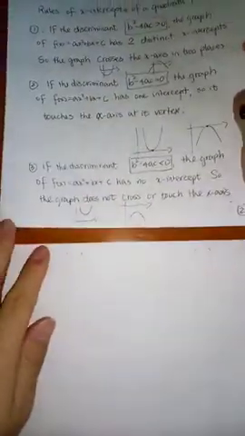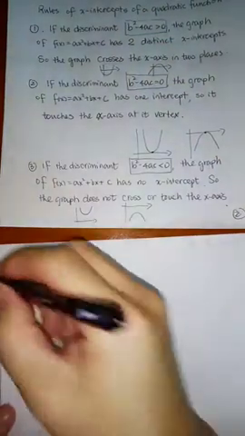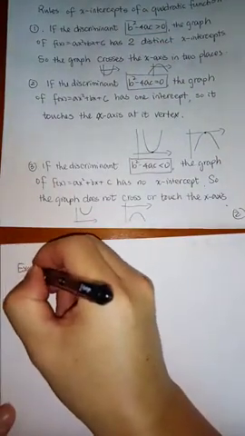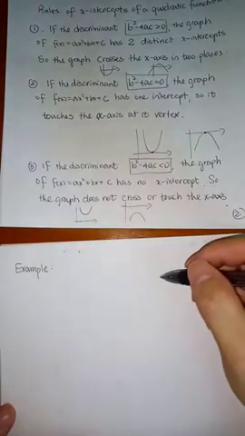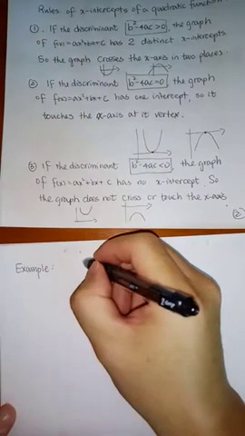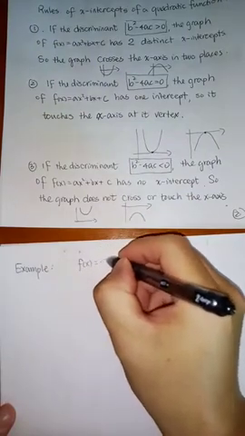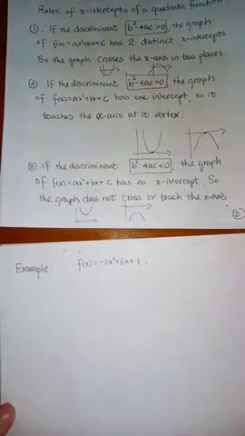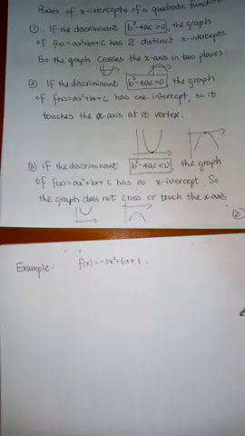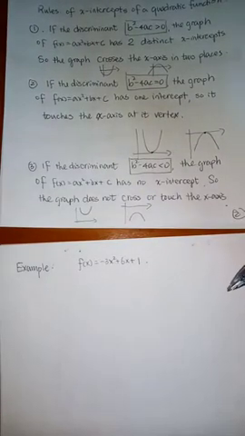Okay, let's see the example. We still have this function. f(x) is negative 3x squared plus 6x plus 1. First, we want to use the information from the last example and the location of the intercepts to graph f(x). We know the vertex.